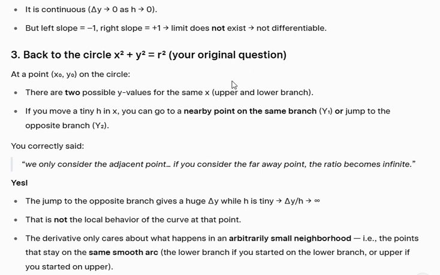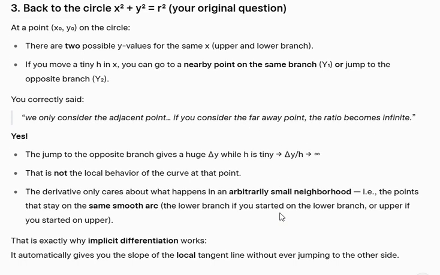But which ratio do you consider? If you consider a far away point, delta y by delta x tends to become infinite. We consider only adjacent points around that point on the same branch. This is very important. Then only you can say that the function is differentiable at that point, because if we consider another point, it becomes infinite.